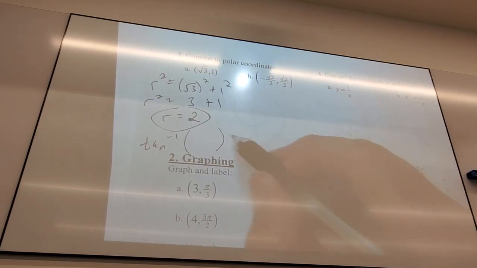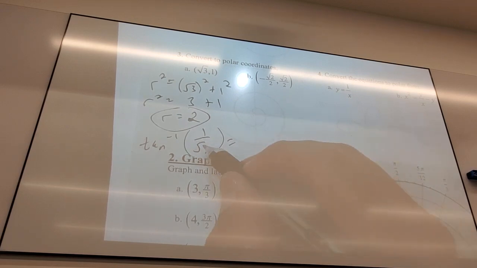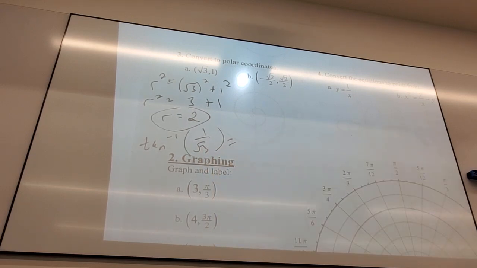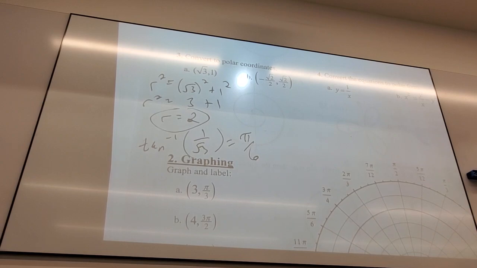Y over x. We actually just did this a minute ago. Does anyone remember what angle makes that tangent? 30 degrees, pi over 6. Yeah, tangent is that when the angle is pi over 6.